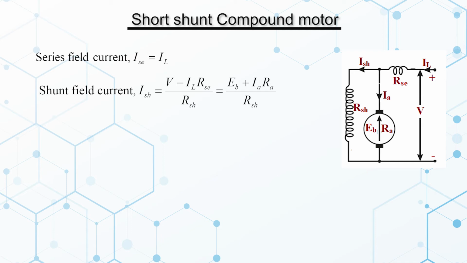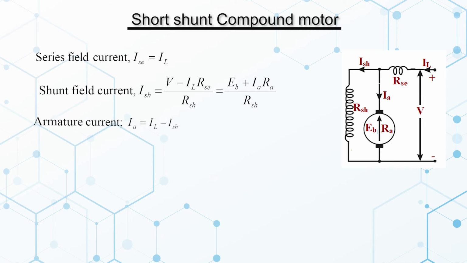It can be written as ISH is equal to (V minus IL RSE) upon RSH. This V minus IL RSE can also be written as EB plus IA RA. So ISH is equal to (V minus IL RSE) upon RSH, which is equal to (EB plus IA RA) upon RSH.